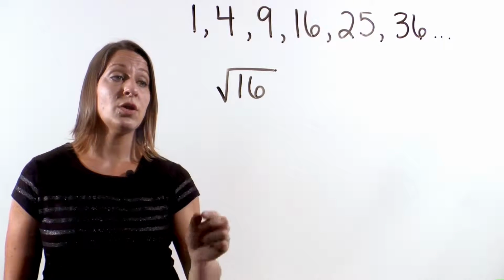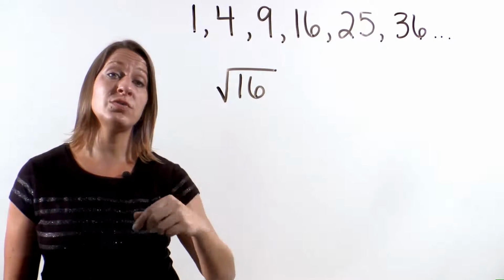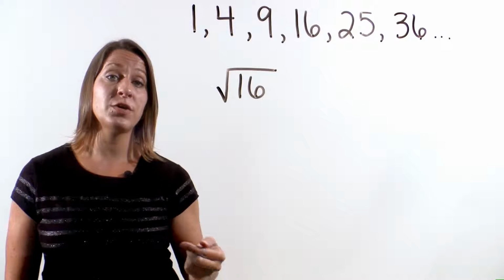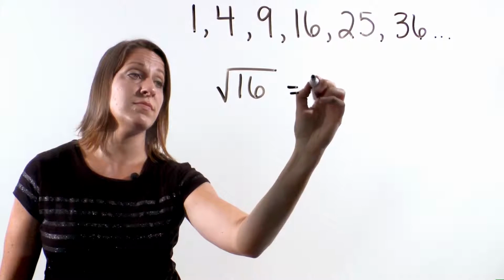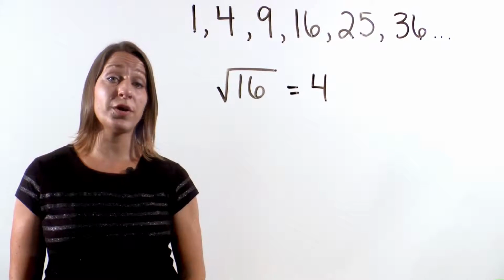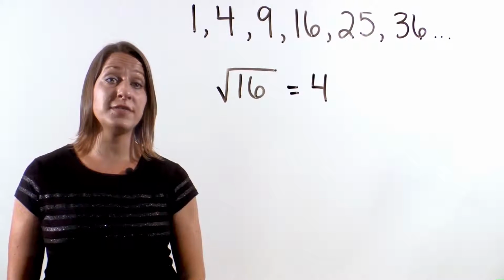It's asking, what was that number when you times it times itself produced 16? For this problem, that number was 4. So the square root of 16 is 4.